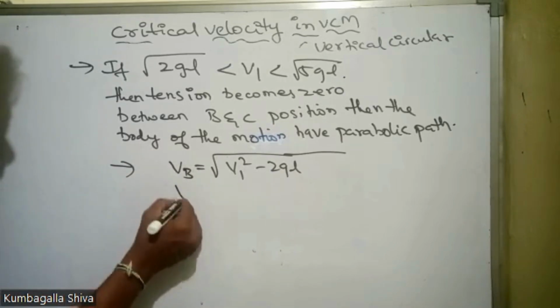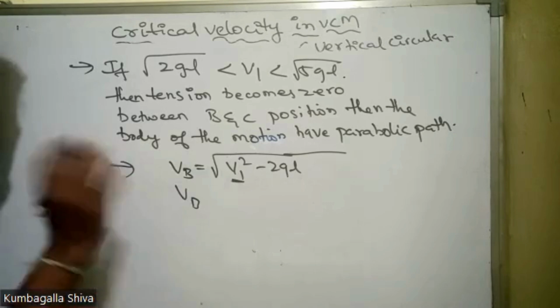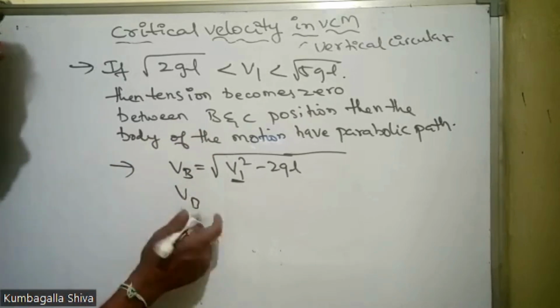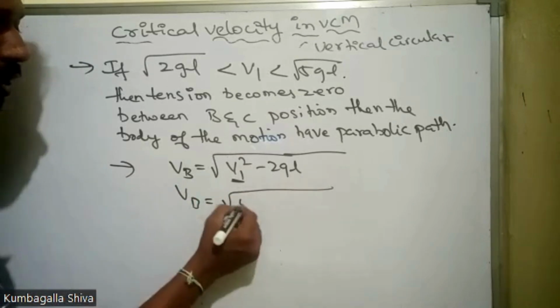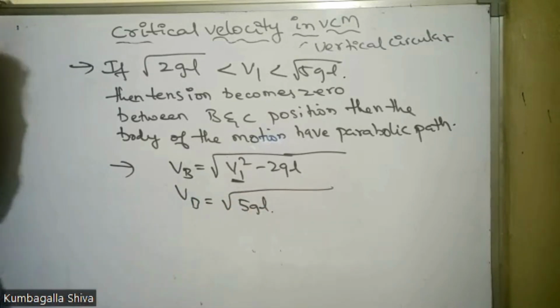Next, what is the velocity you are giving here? What is the minimum velocity you are imparting here? That is root 5gl.